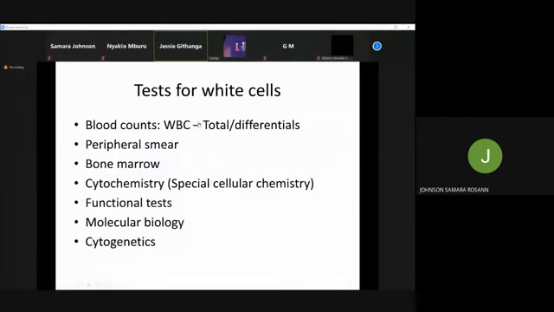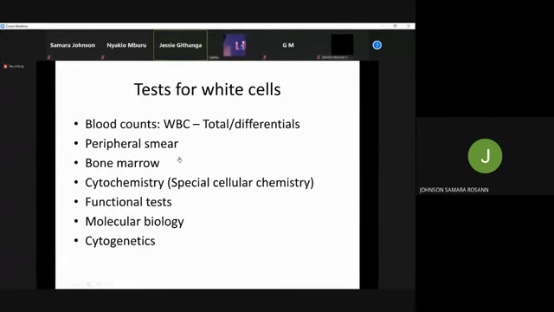So what are the tests for the white cells? We will do our blood counts, and we will do the total and the differential white cell counts. And remember the differences between the absolute and the relative.